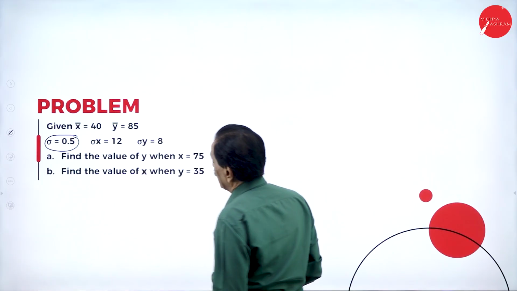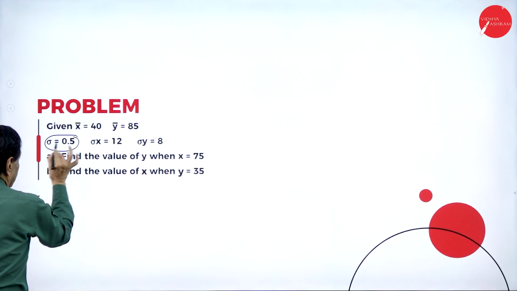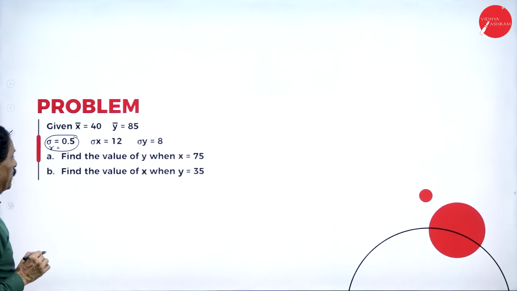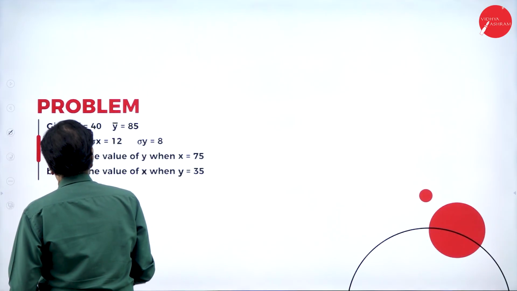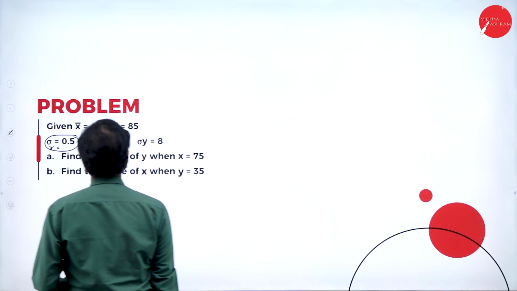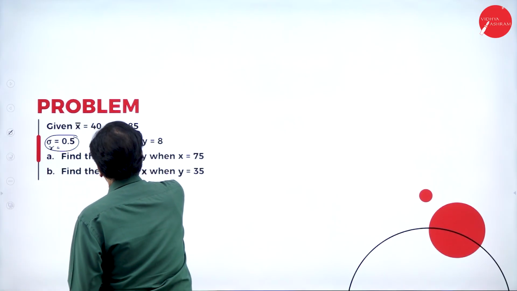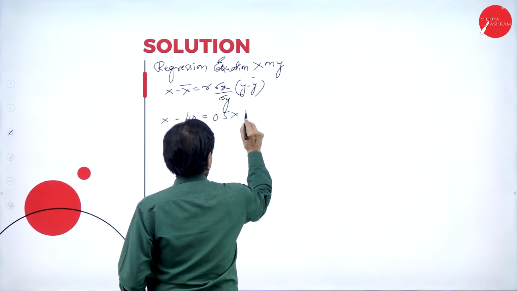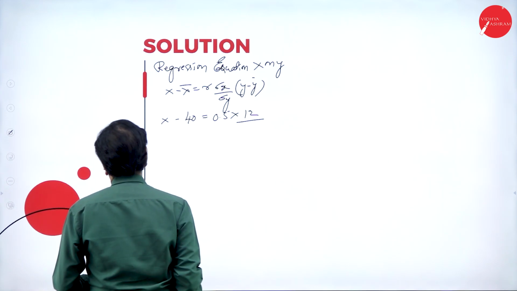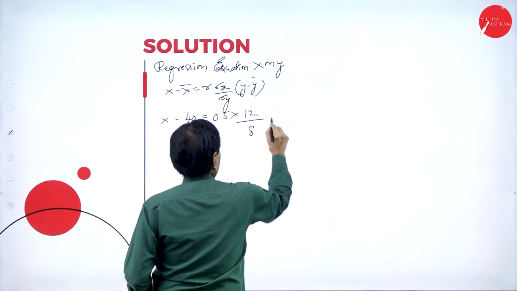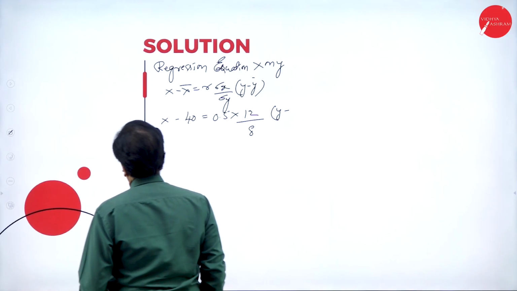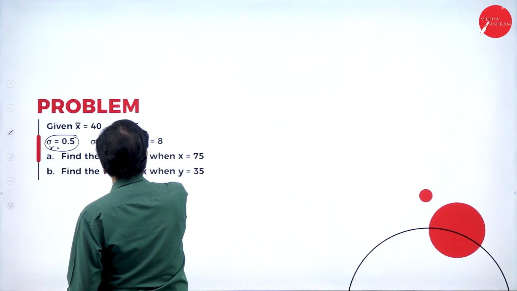What's your r here? 0.5. Then standard deviation x is 12, standard deviation y is 8, into y minus y mean, which is 85.